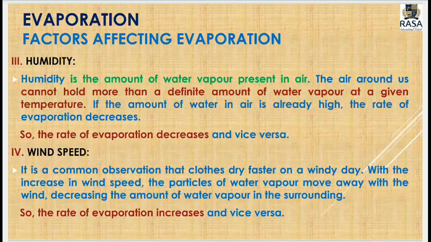The air around us cannot hold more than a definite amount of water vapor at a given temperature. So a particular volume of air cannot hold water molecules beyond its limit. Means a definite amount of vapor can be held by that particular volume of air.